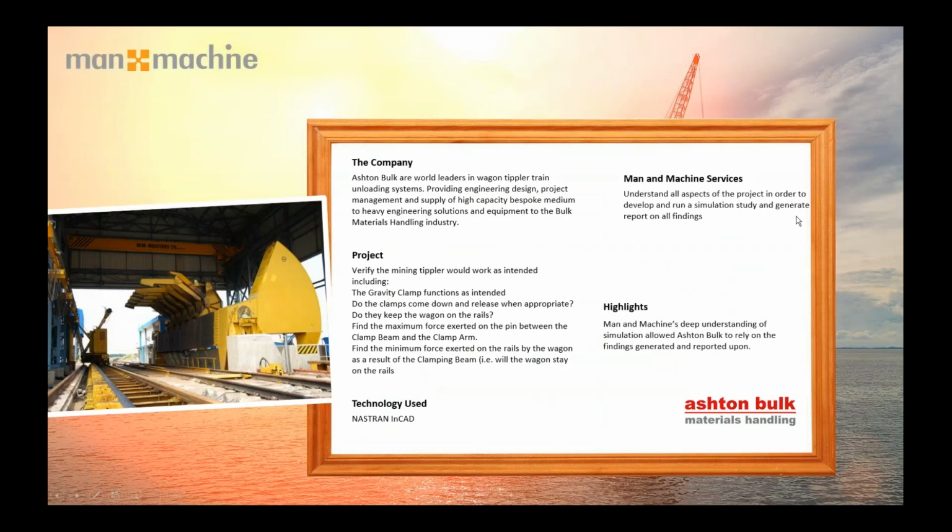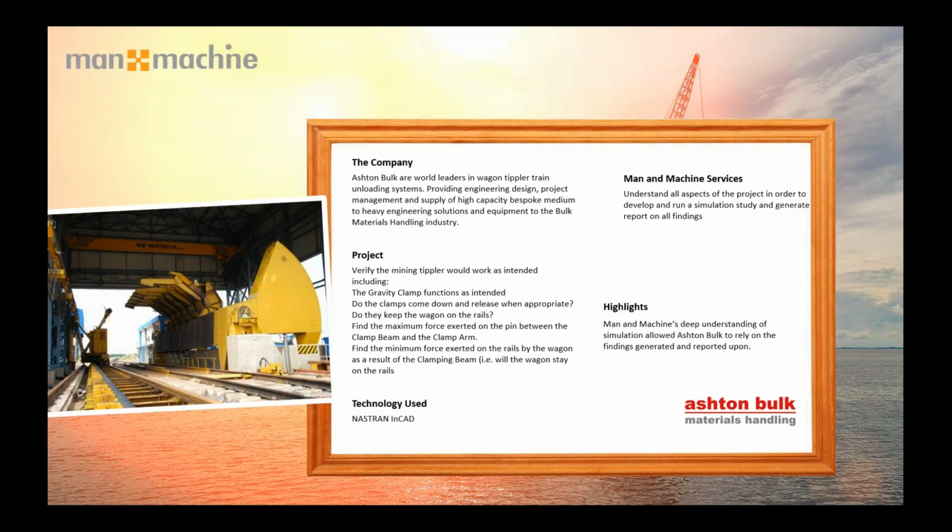So at Nanomachines in the UK, we've had multiple successes with various customers, some of which may or may not be on this call. One of which, Ashton Bulk, is one of our customers, and they create large tipper trucks to lift trains upside down to tip coal out. Now, these guys had a particular problem where they were having some failures with some of the gripper arms, and wanted to be able to make sure that they were built in the best possible way with as minimal material as possible.